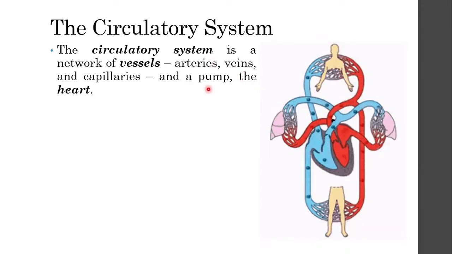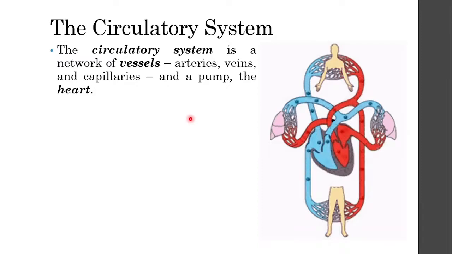Later, we'll go into more detail on what these different networks do, what type of blood passes through them, and basically what their functions are. Next, we have the heart, which is the main pump of the circulatory system. This is what creates the pressure, mostly, because there's also some gravity that works on the pressure in our blood, but the heart is what gives the pressure or the push for the blood to move everywhere in our body.